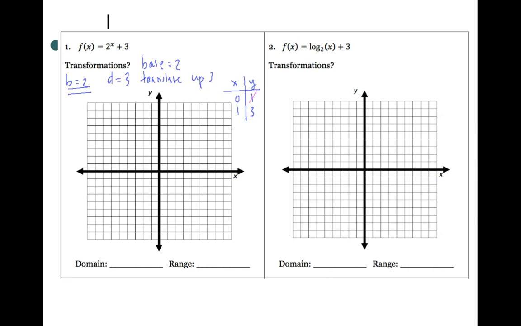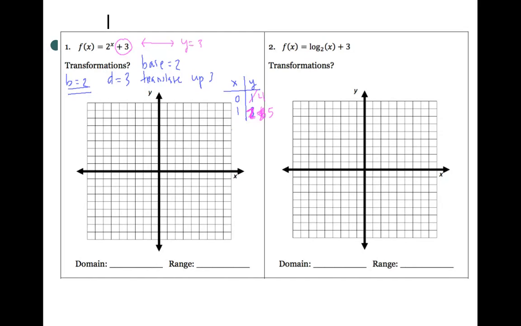So this is going to become 4, and this is going to become 6. Right? So you've got 0, 4, 1, 6. That's not a 3, that's a 2. Isn't it? So then this isn't a 6. That should be a 5. My fault. And then this, remember it has a horizontal asymptote and it's going up 3.